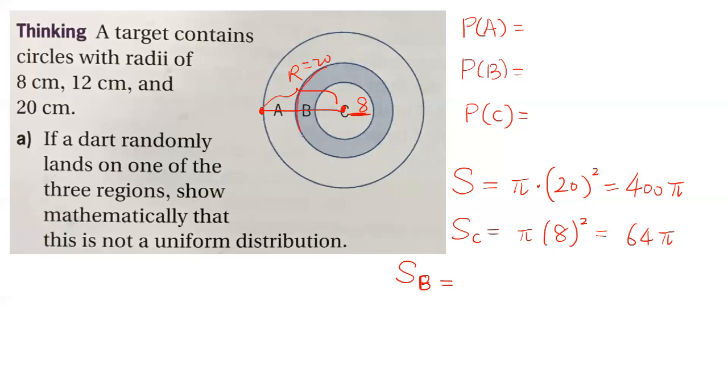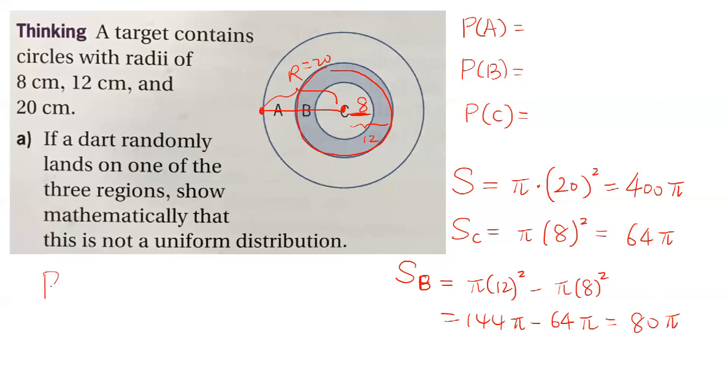The radius of this circle is 12. So here it is pi times 12 squared minus pi times 8 squared, which is 144 pi minus 64 pi, which is 80 pi, right?